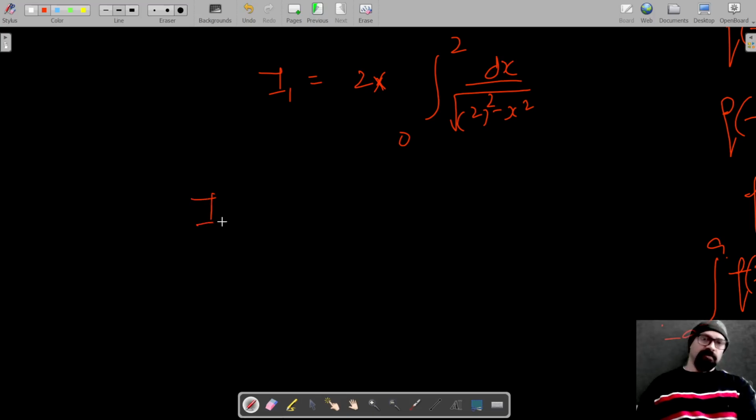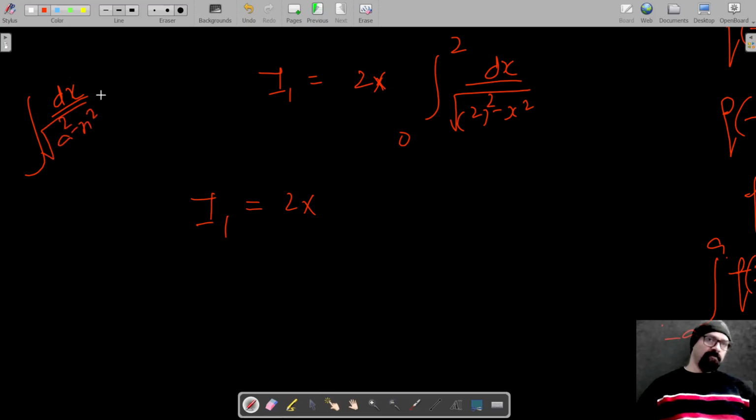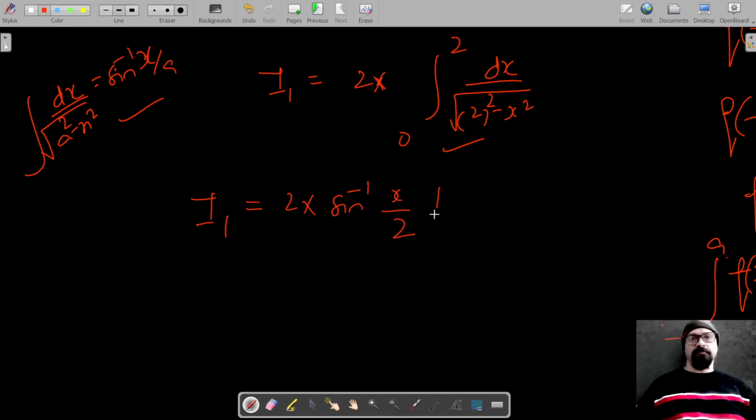Okay, so now I1 is equal to 2 into, and this is the formula. We know that the integration of 1 upon under root a square minus x square is equal to sine inverse x by a. So using this formula, we have got I1.